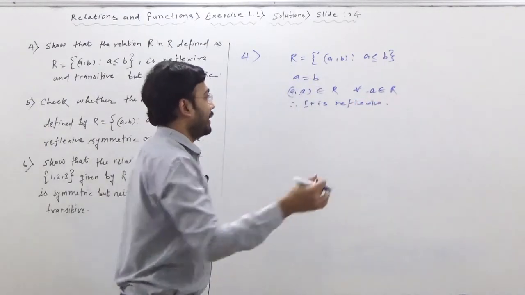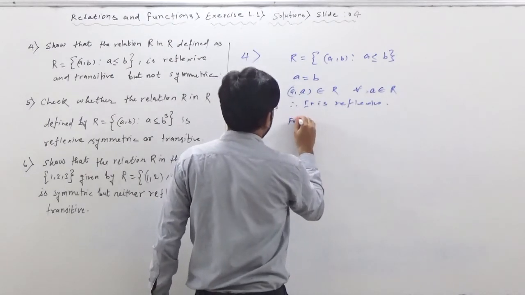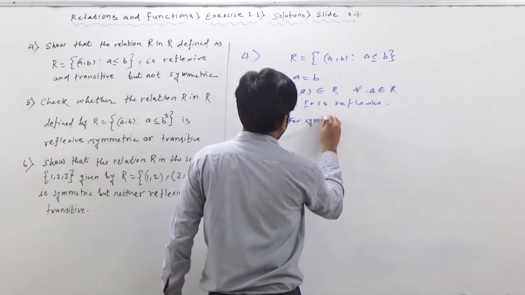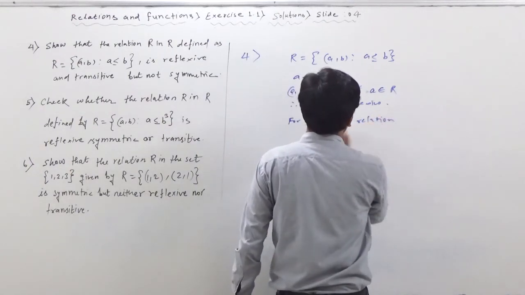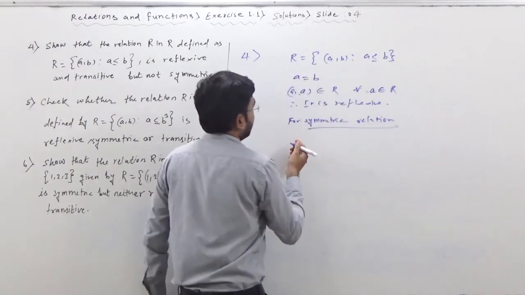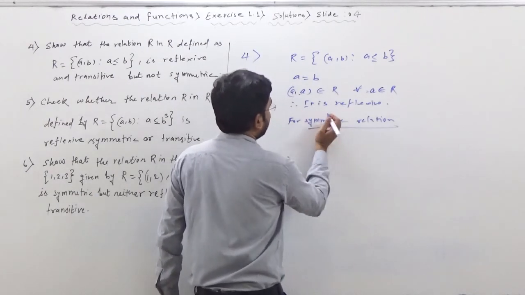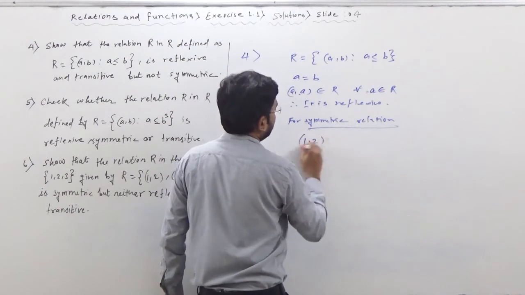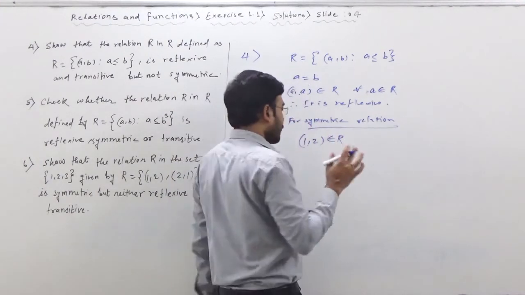Yes. Okay, now we will check it for symmetric relation. So once we are checking it for symmetric relation, now if we say a comma b, or let us suppose 1 comma 2, yes, we can take this one as example. One example is enough to prove this.